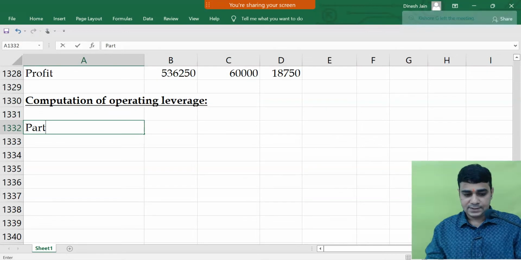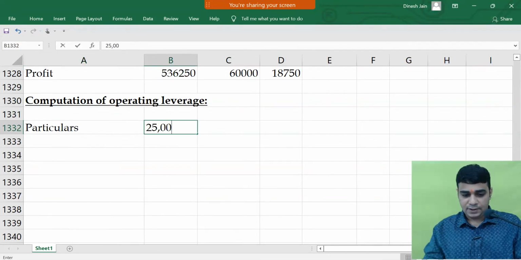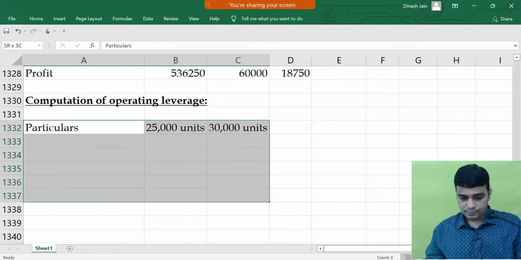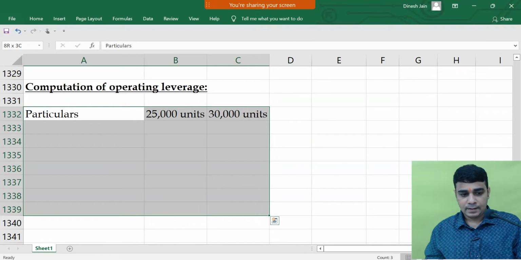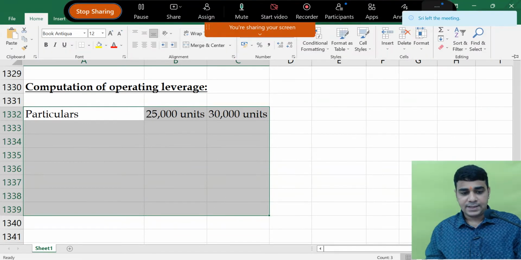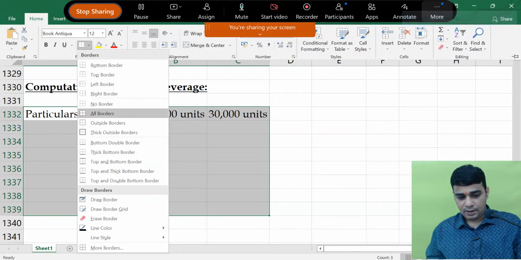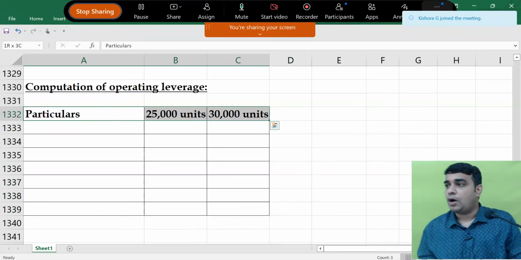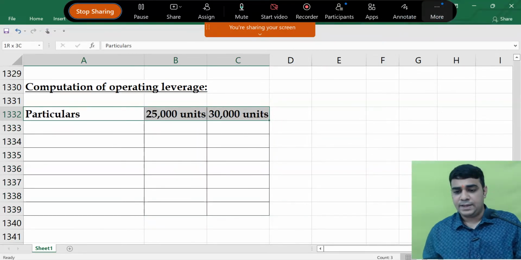So, particulars: 25,000 units, 30,000 units. The formula for operating leverage is contribution by EBIT. So I need to get to the contribution number, contribution by EBIT.